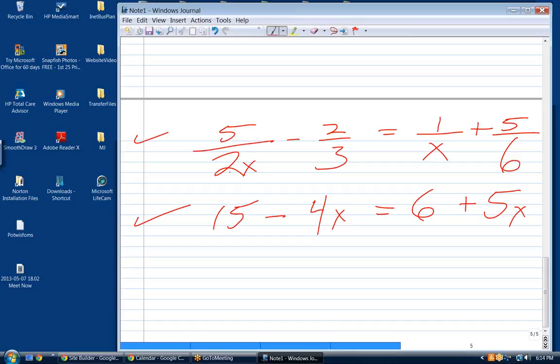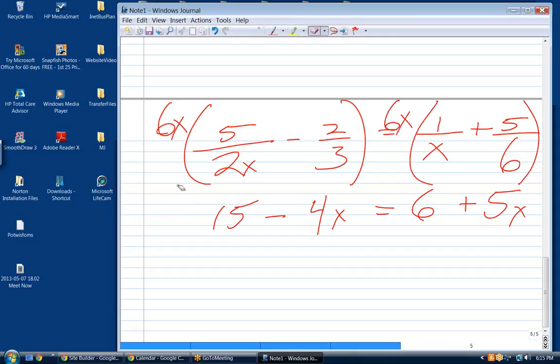And it also has to be the least common denominator between the numbers 2, 3, and 6, which is 6. 2 divides into 6 evenly, 3 divides into 6 evenly, and 6 divides into 6 evenly. So that's why I knew that I had to multiply both sides by 6x. That's where I got that from. I'm looking for the least thing possible that will get rid of all of the denominators in one swoop. And that did it.